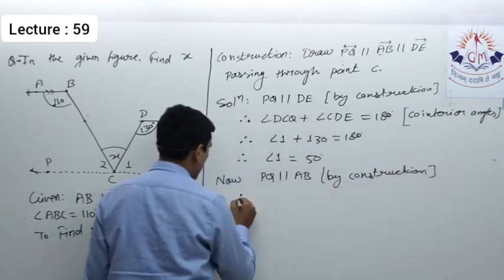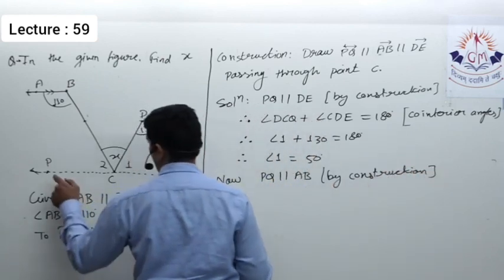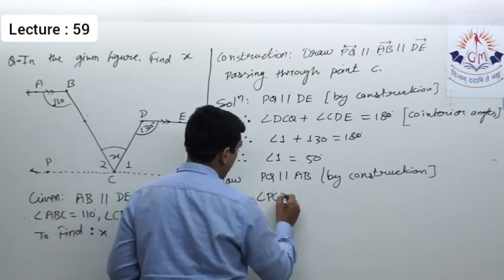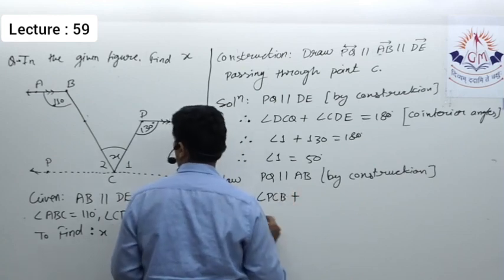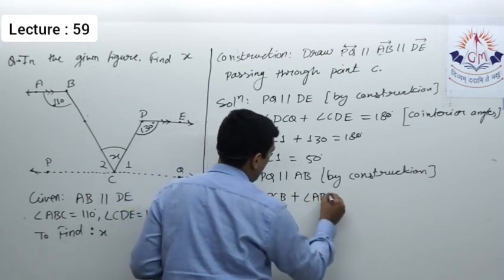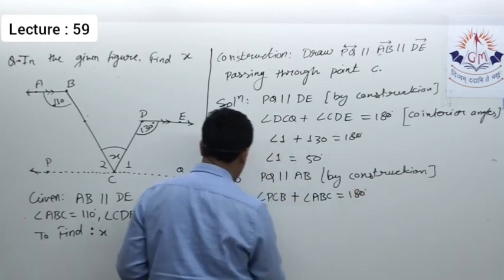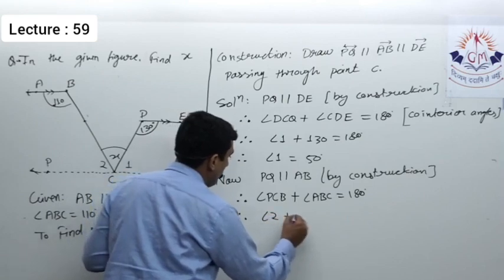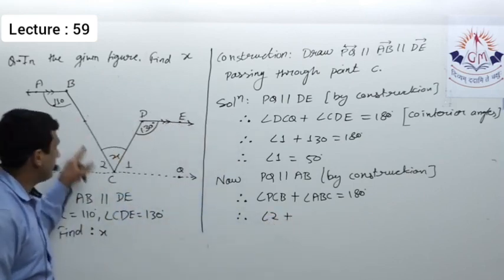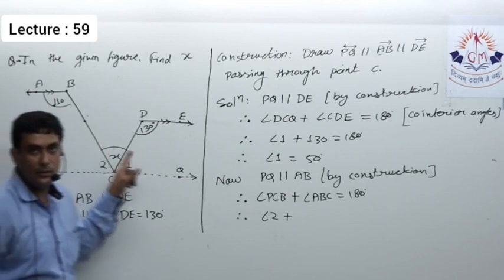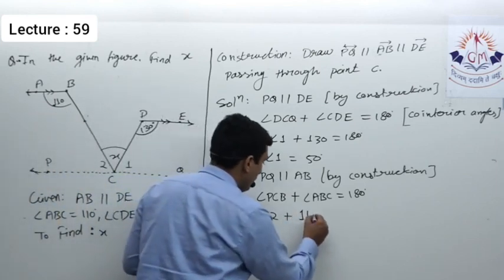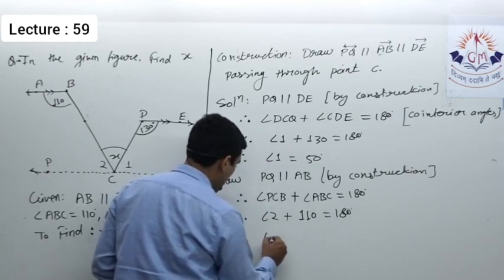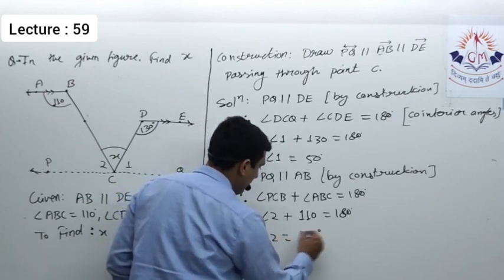So PQ parallel AB gives me angle PCB plus angle ABC is equal to 180 degrees. Angle PCB is angle 2, and angle ABC is 110, so that is equal to 180 degrees. Therefore, angle 2 is equal to 70 degrees.